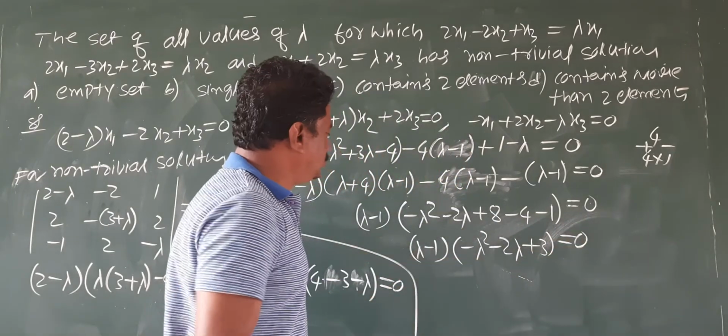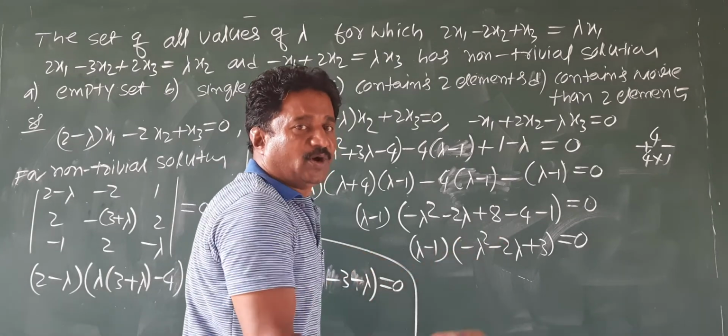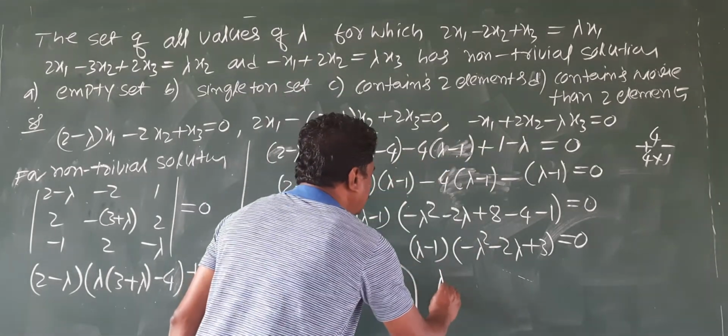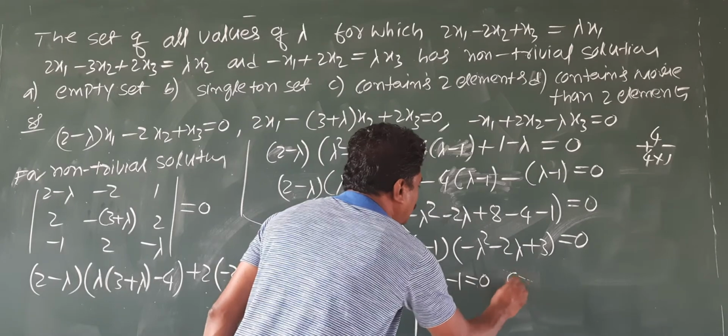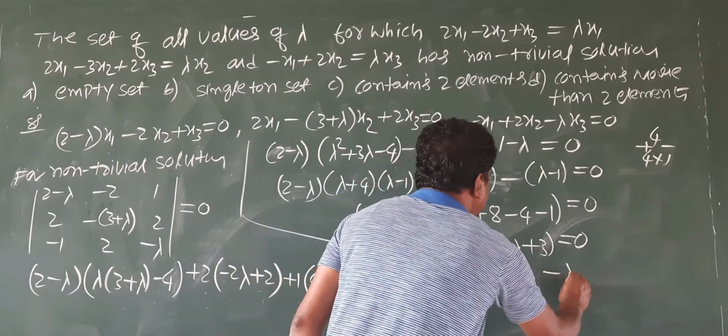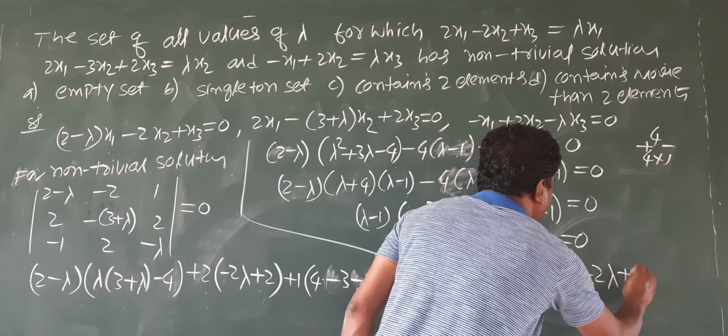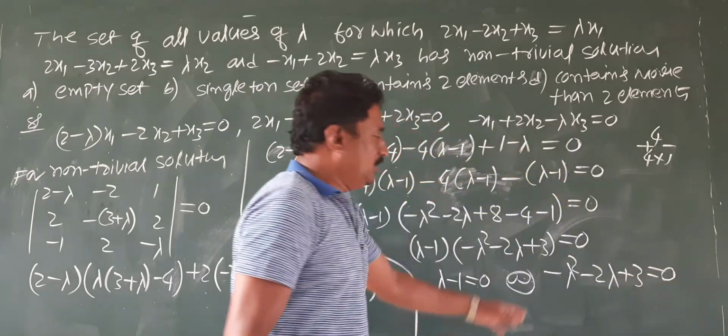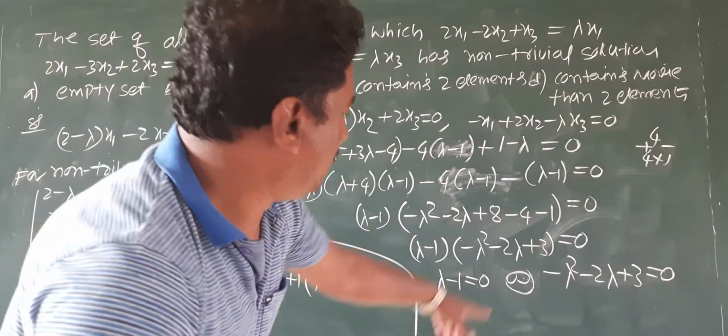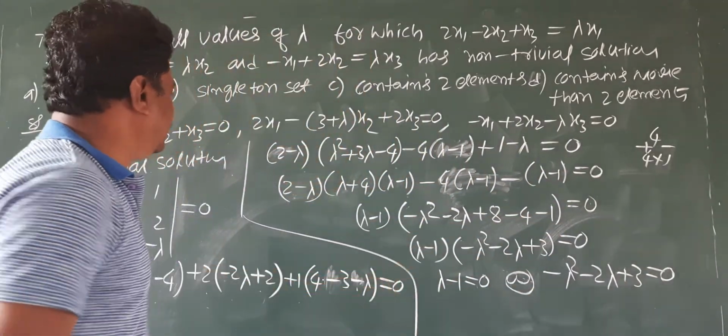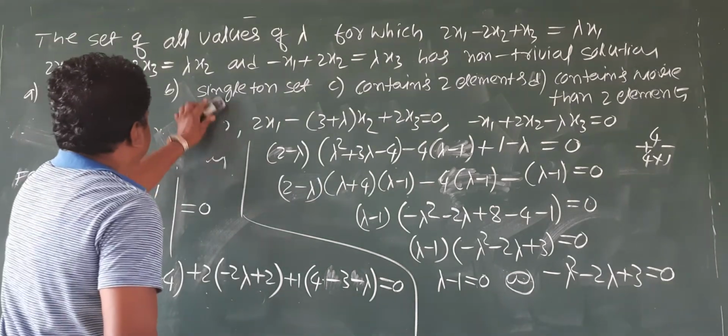AB is equal to 0, so either A equals 0 or B equals 0. λ − 1 equals 0 or −λ² − 2λ + 3 is equal to 0. Multiply by minus and solve that.